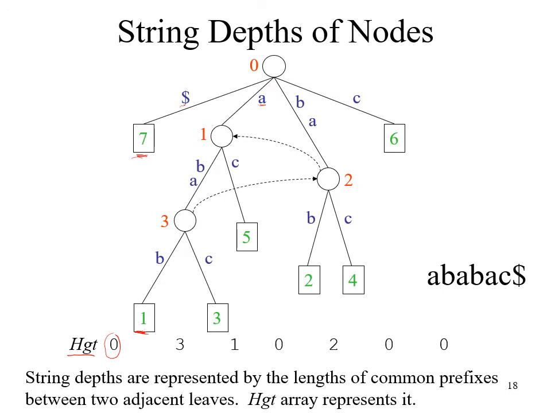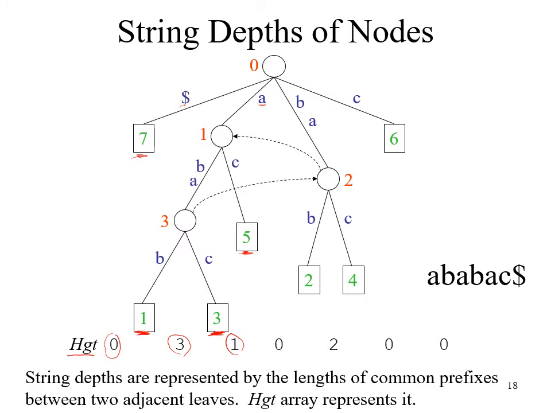Next, consider the suffix at position 1 and position 3. They share the common prefix of length 3, A, B, A. So the height array entry is 3. And for this suffix, position 3, and this suffix, position 5, the length of the LCP is 1. So we store 1 and so on.